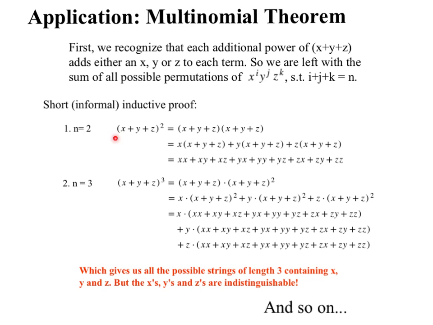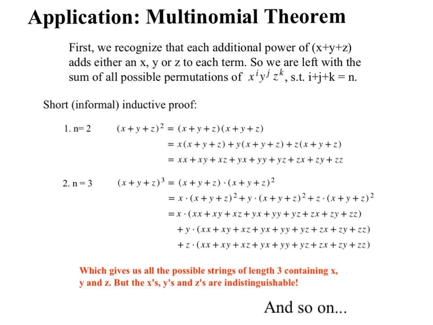If we looked at x plus y plus z squared, clearly we could just distribute, and what we're left with is x times (x plus y plus z), plus y times (x plus y plus z), plus z times (x plus y plus z). So clearly we multiply the previous term by x, and then we add the previous term times y, and then the previous term times z.